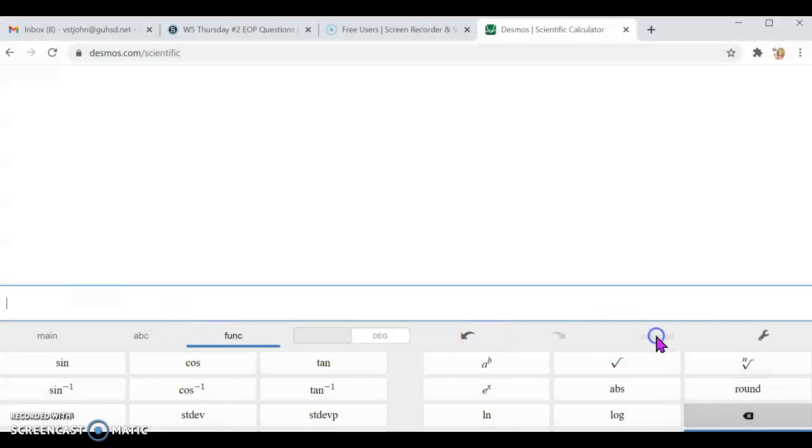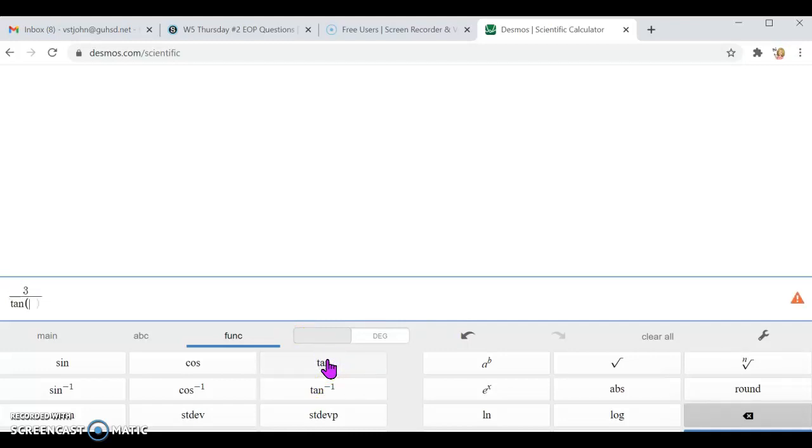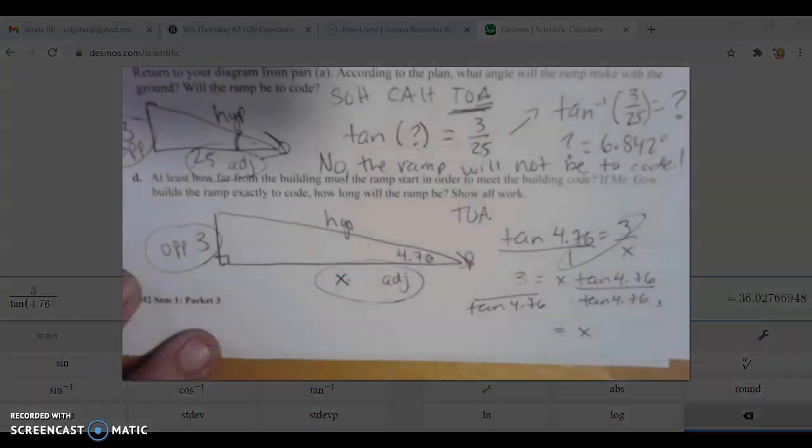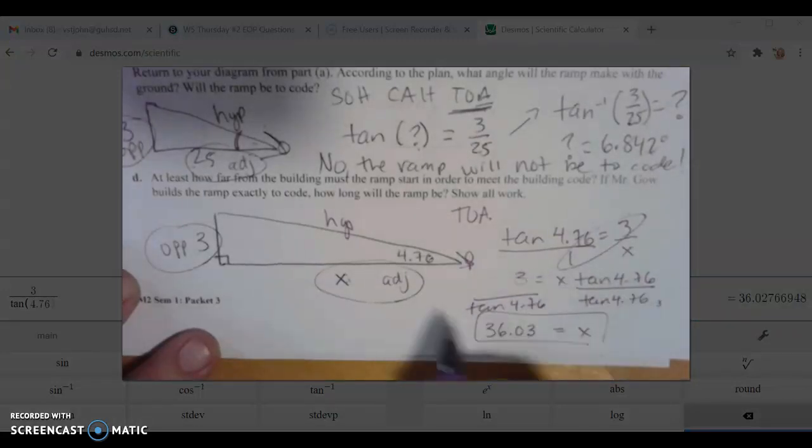Let's go back over here to our calculator. Let me clear everything. We're going to get 3 divided by, now I want regular tangent here, 4.76, and we get 36.027. So I'm going to round that to 36.03. Okay, so it's going to be quite a bit longer.